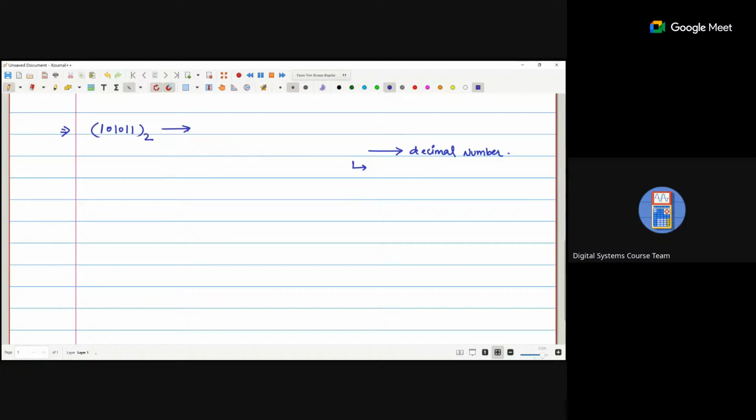If we convert any binary number into a decimal number, we multiply with the weights, a weighted summation.